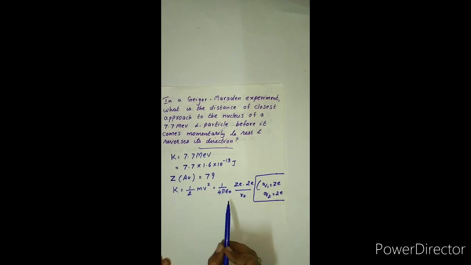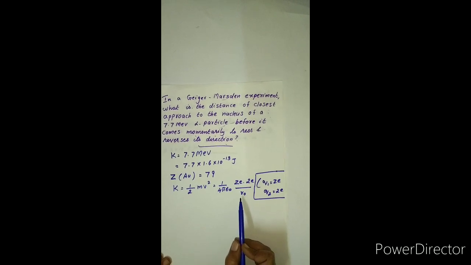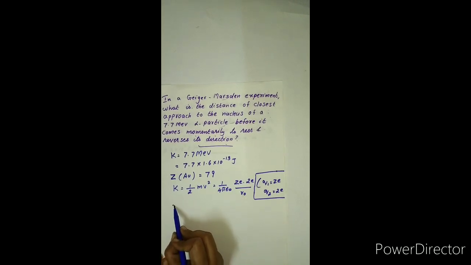From this equation we can write the expression for the distance of closest approach R0.